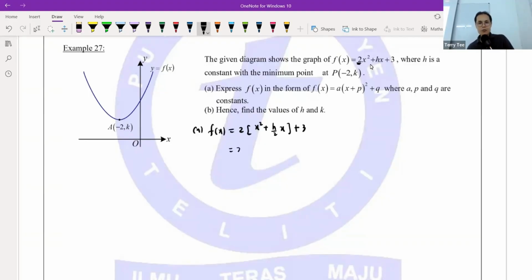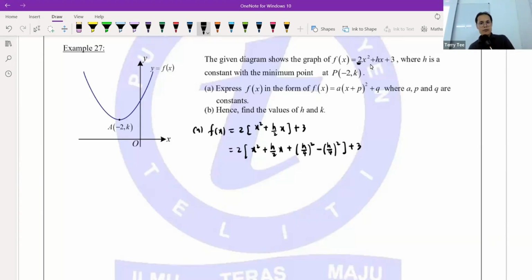So here's the thing. You're going to add a number, okay? So now you tell me, if you use the standard method, am I supposed to write h over 2 over 2? Which is kind of stupid, right? So can I not do that? Can I straight write h over 4? Right? Then you minus (h over 4) squared plus 3.